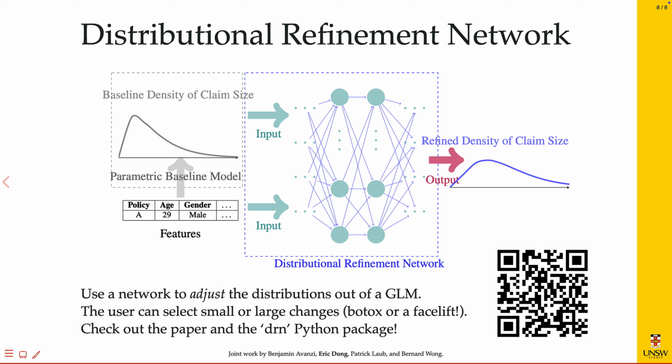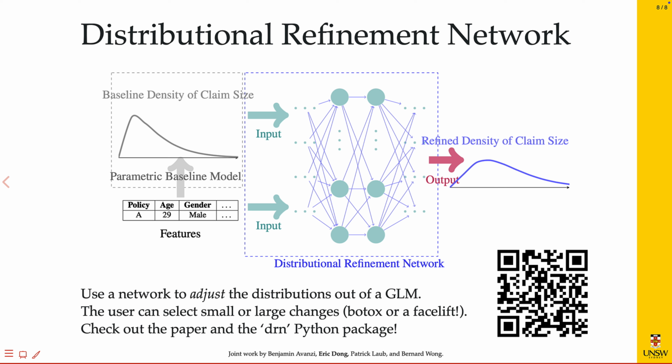When we come to make a prediction, we pass in someone's characteristics, we look at the density that the GLM generates, and then the neural network refines that. It adjusts it. So maybe it says the mean is too low, or maybe we need to increase the tail a little bit, and we make these small adjustments.